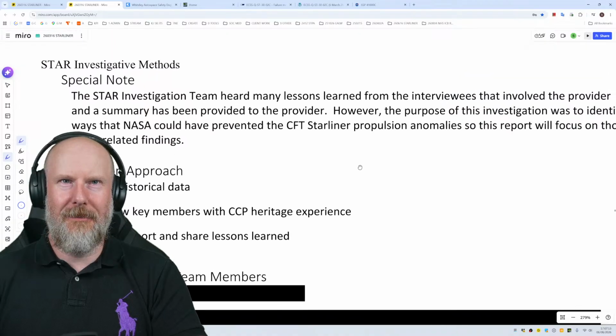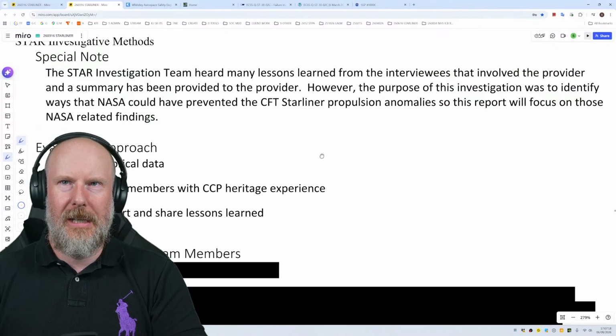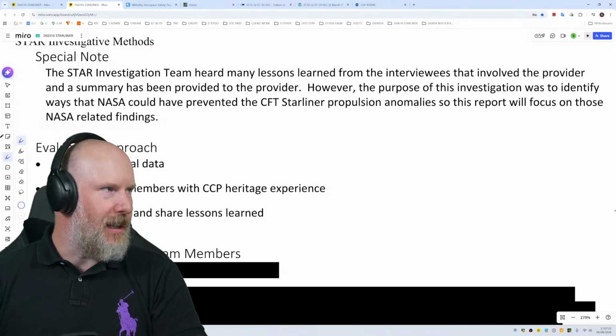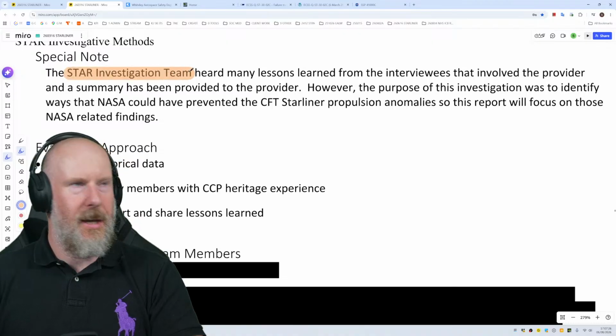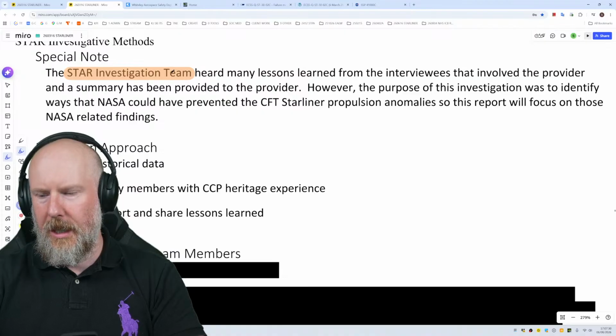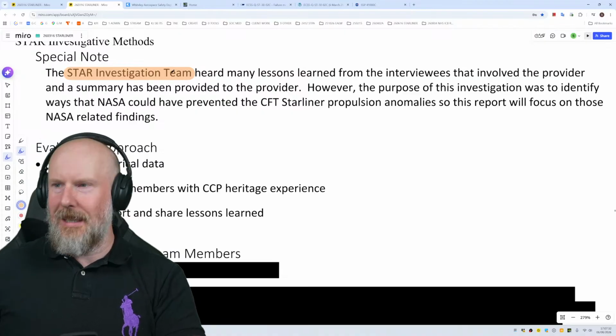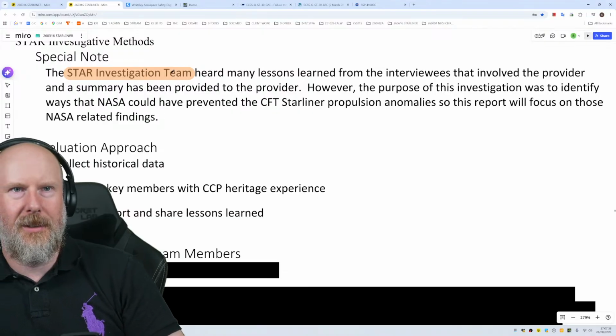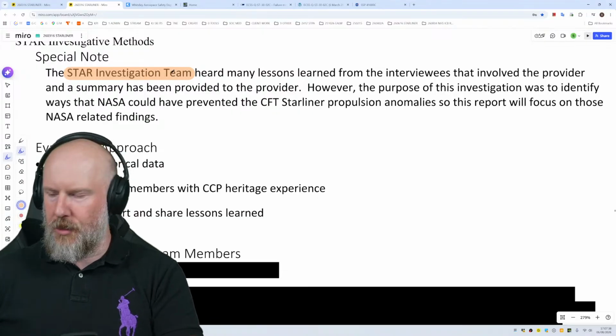Okay, so STAR investigative methods. Special note: the STAR investigation team, and I'm highlighting this in orange as a candidate for inclusion in my control structure model. It's important to recognize that clearly the investigation team was not involved directly in the accident, and so they wouldn't be in the operational control structure.